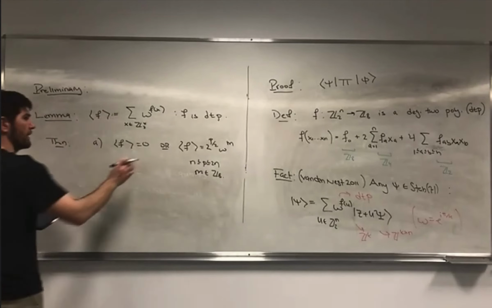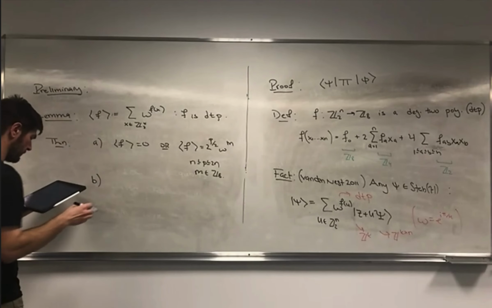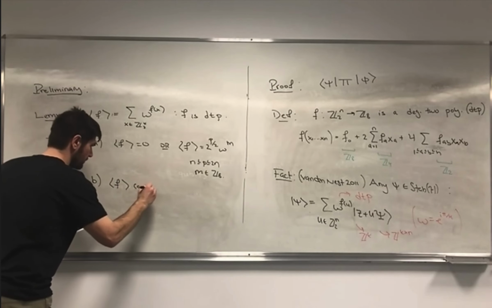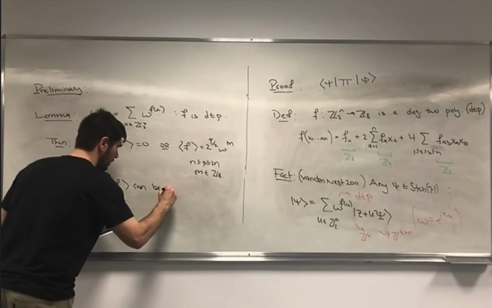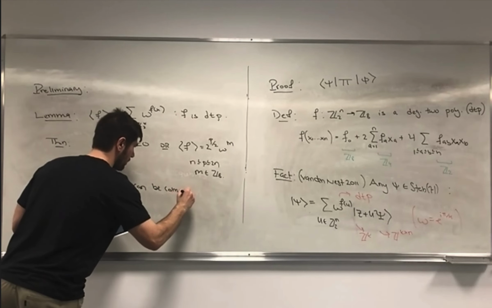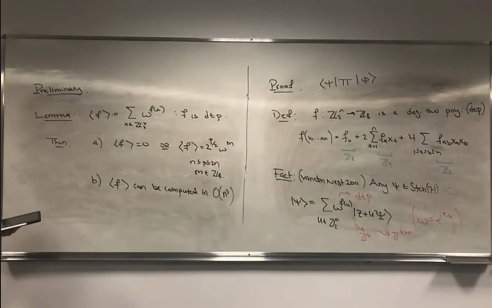So we have either this or this, and then we have that f bracket can be computed in order n cubed. Where is this coming from?